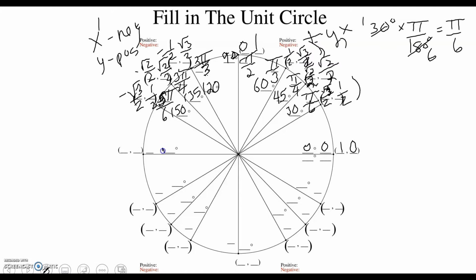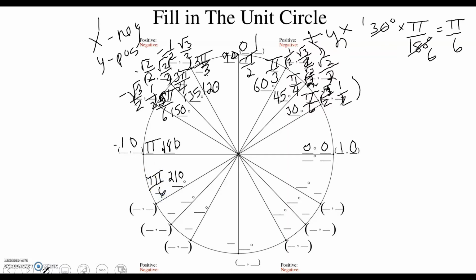Then we have here 180 degrees. So here's 180 degrees. This is equivalent to pi in radian measures. And this is the point -1, 0. So to get to the next one, we add 30 degrees to 180, which is 210 degrees. 210 degrees, if we convert that to radian measure, is 7 pi over 6.